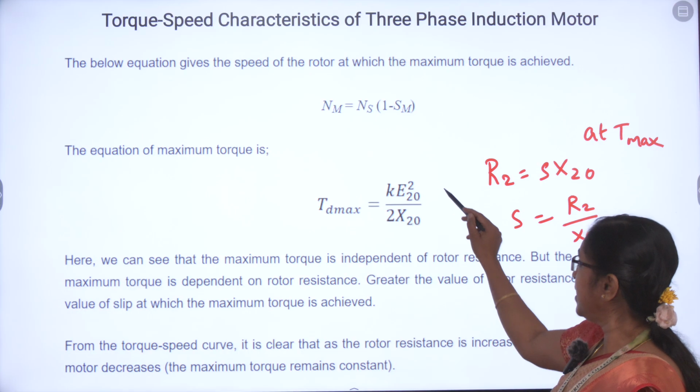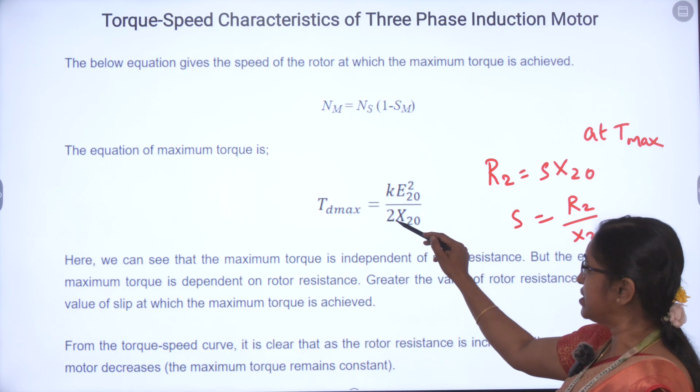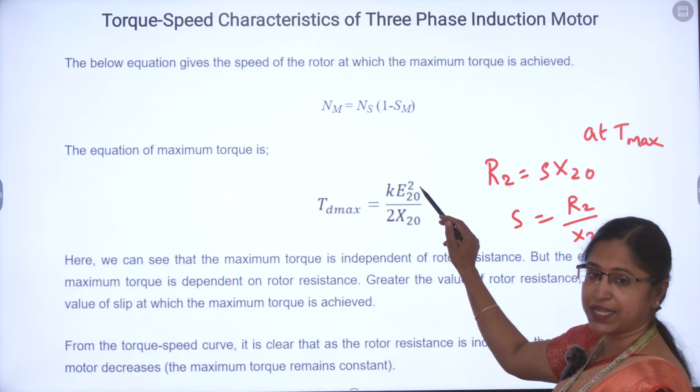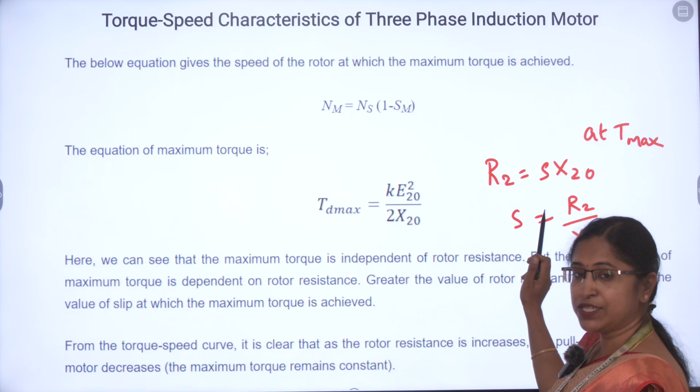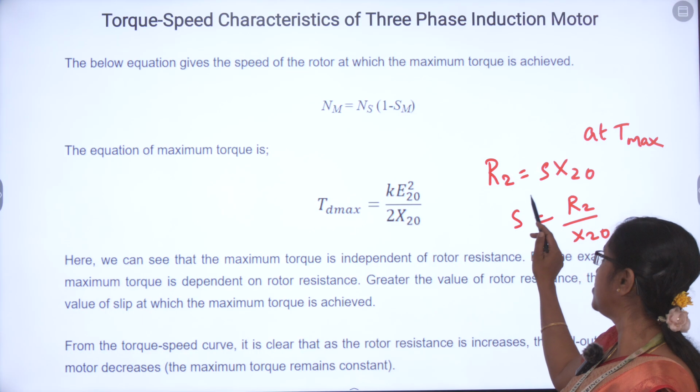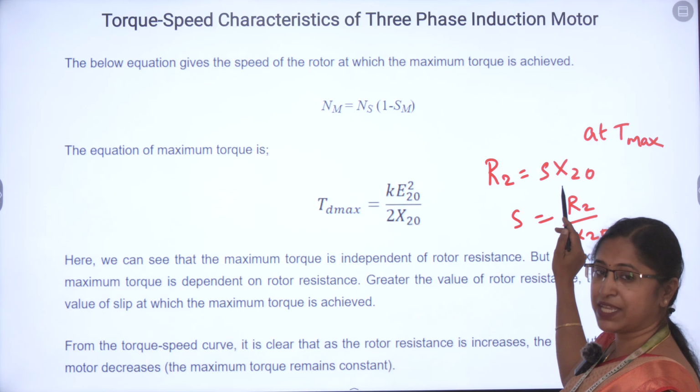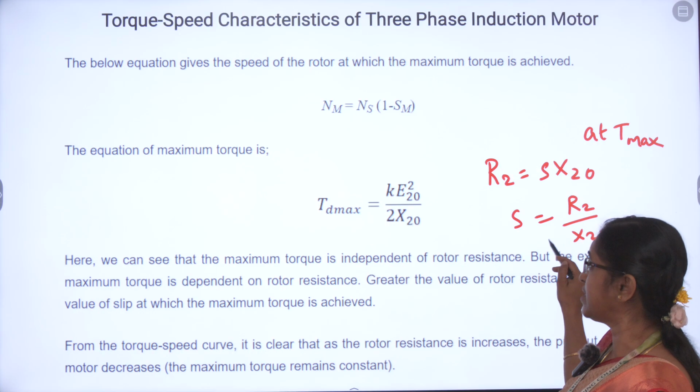In this equation the torque doesn't depend upon the resistance, but the condition for maximum torque itself is R2 equal to S times X2 naught, that is, S equals R2 by X2 naught.